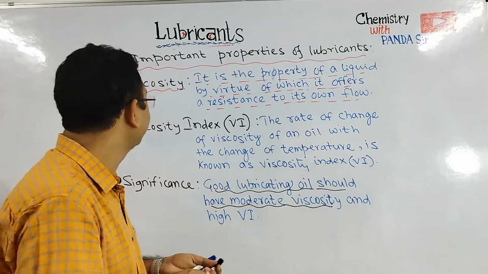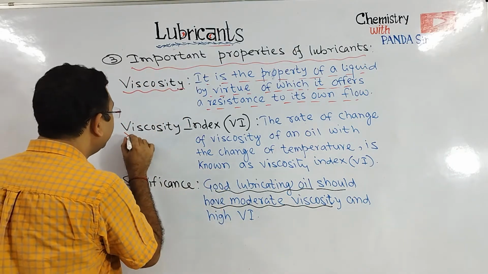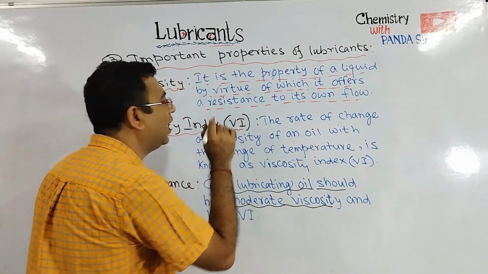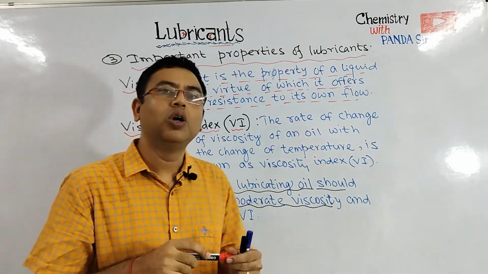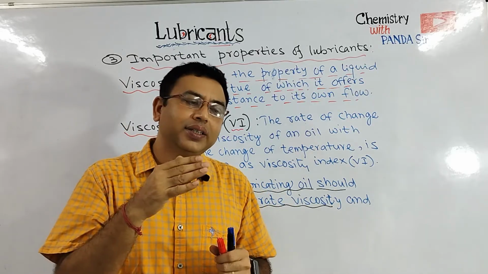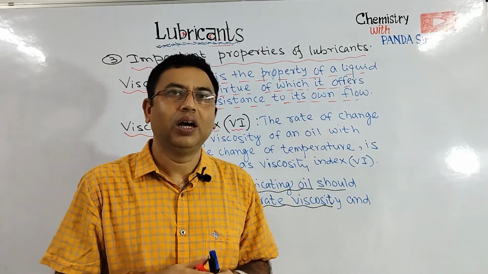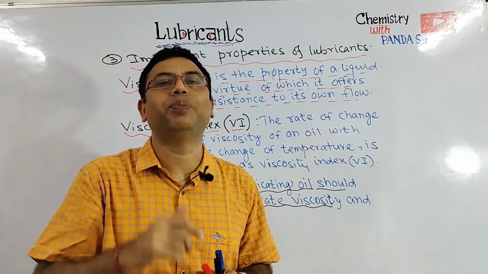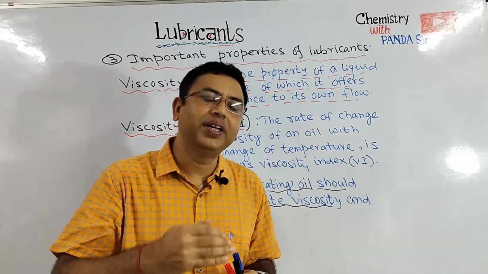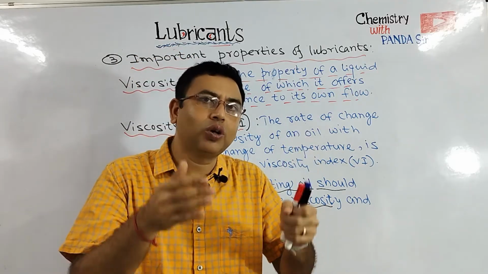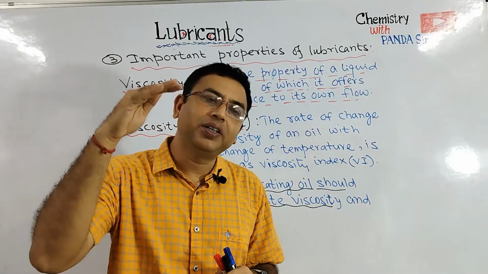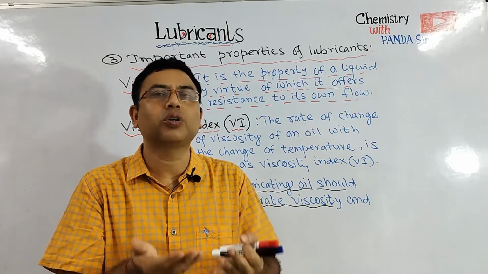Now the second property is the viscosity index. In short, it is known as VI, viscosity index. We have seen very often that oil changes its flow property with the increase or decrease in temperature. If I increase the temperature, the viscosity reduces and the flow property increases. And if I decrease the temperature, the viscosity increases.